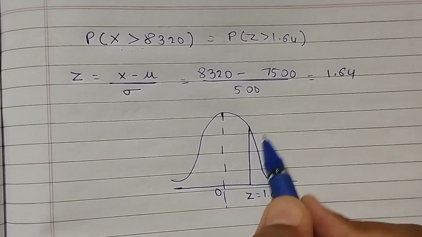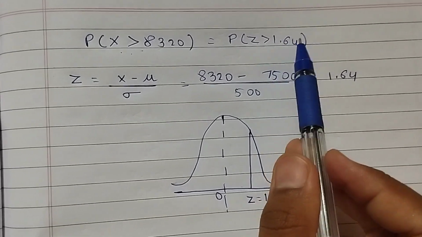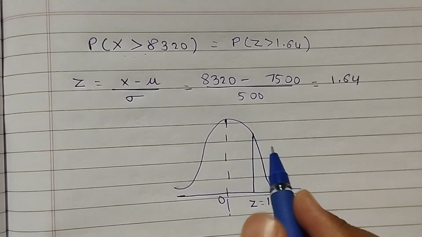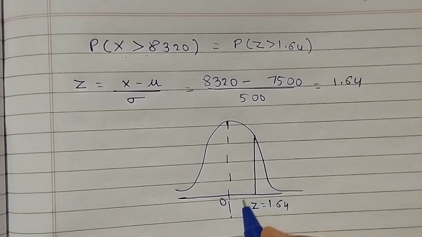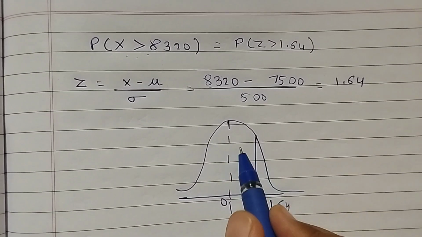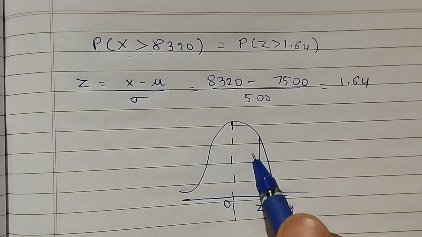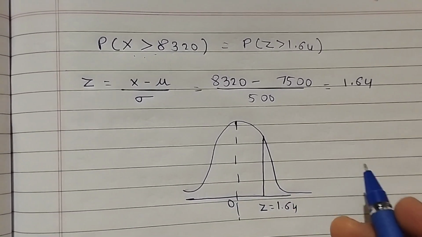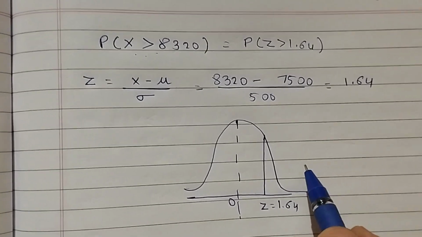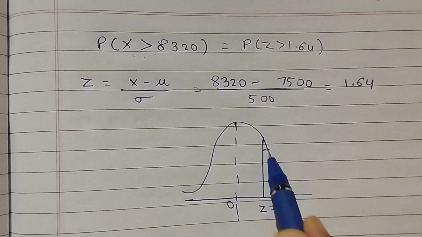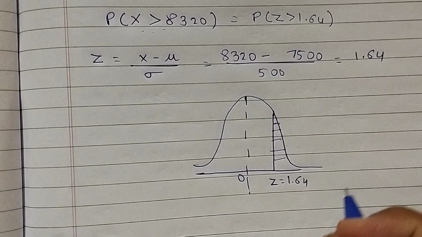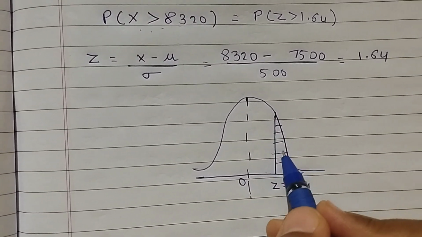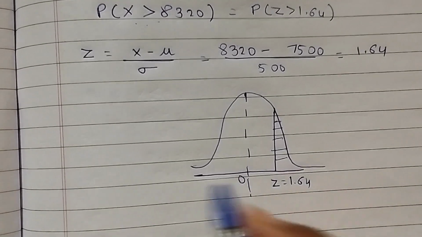We know the values of z are greater on the right side and smaller on the left side, because on the left side all the negative values are present, and on the right side all the positive values are present. We want to find that right-side portion.